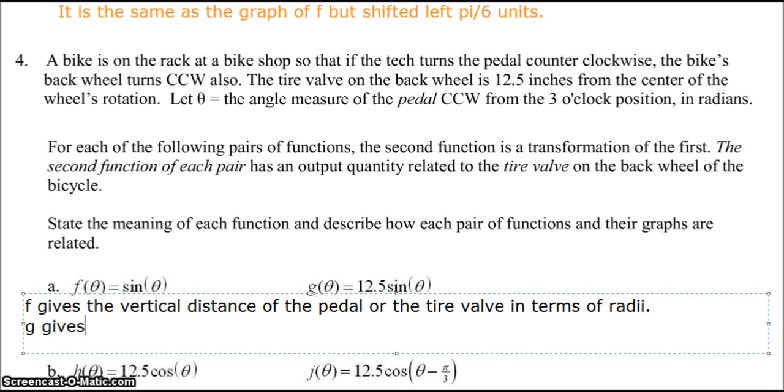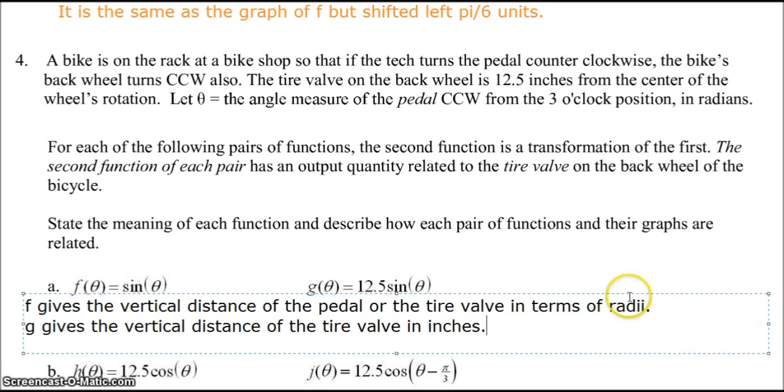And g gives the vertical distance of the tire valve in inches, because we're multiplying by the radius there. And sine of theta, it's in terms of radii, really it's just like the percentage of the radius.